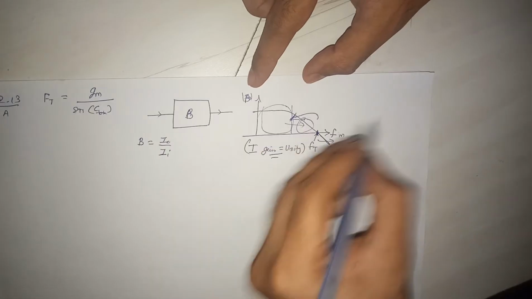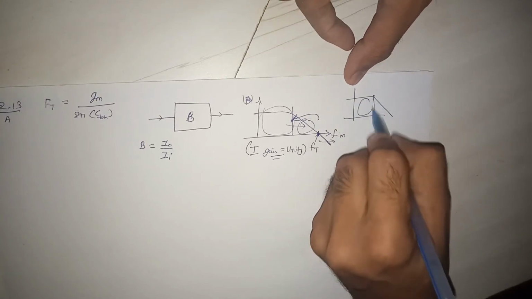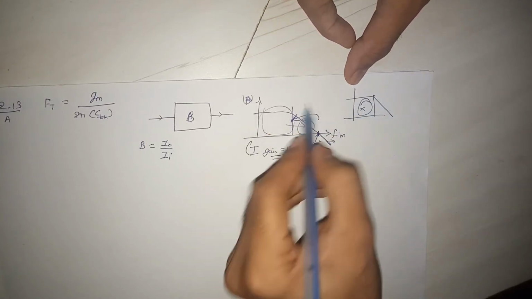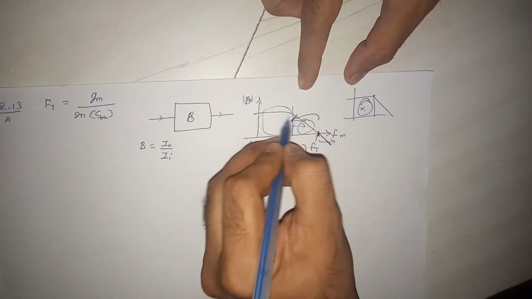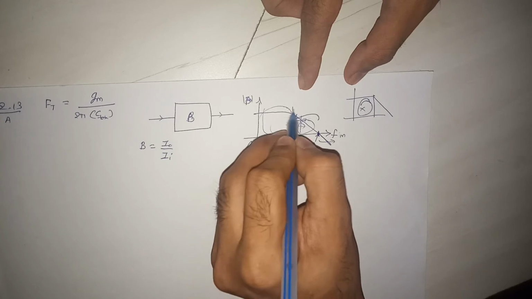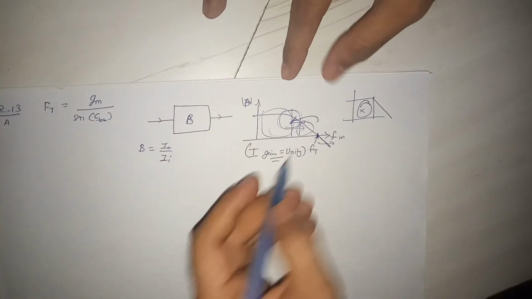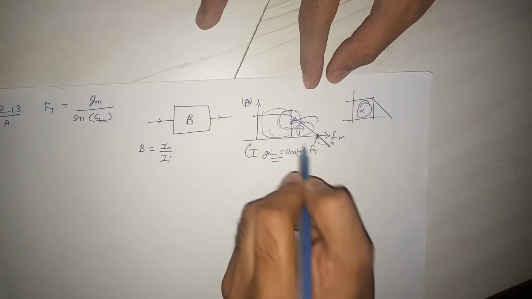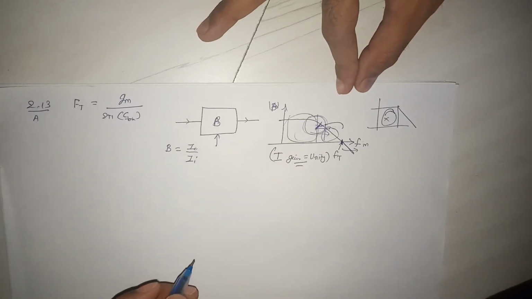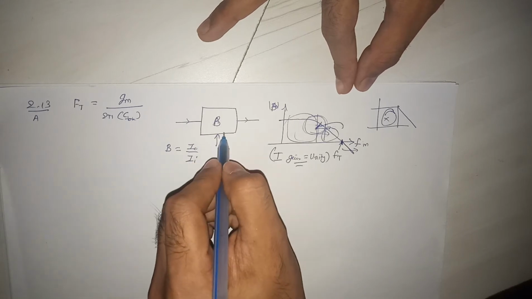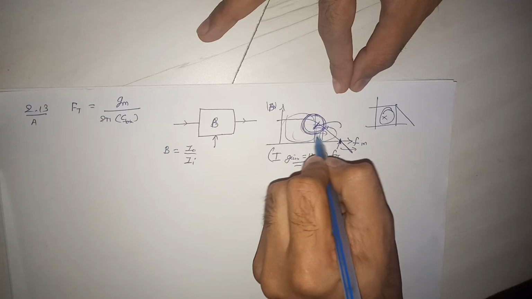I'm just intuitively telling that this is the limit of frequency at which we can make the amplifier out of this black box.